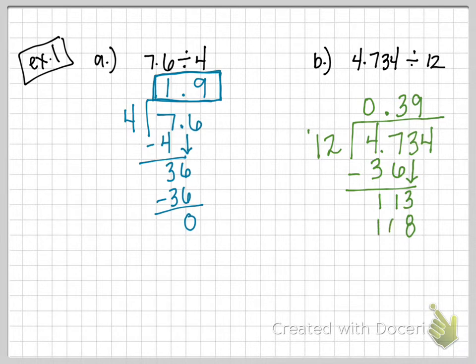Plus 1 is 10. I did 9 times 12 to get 108, doesn't that equal 113? That's what we divided into. We said, how many times does 12 go into 113? 9. And then we did 9 times 12 is 108.